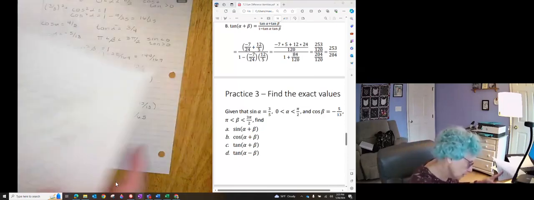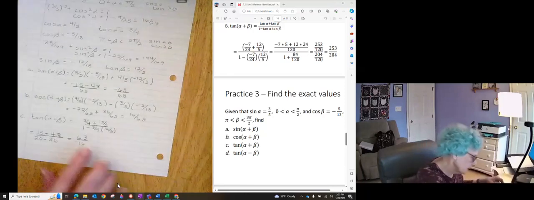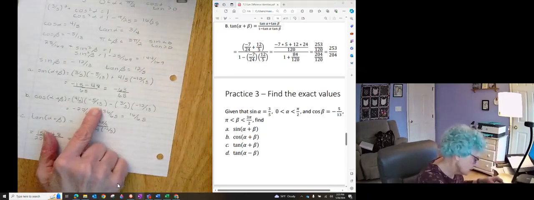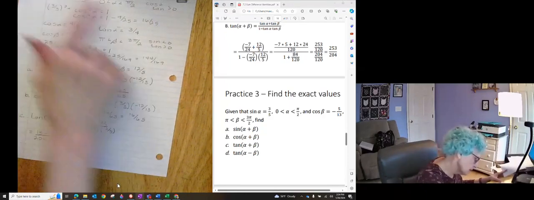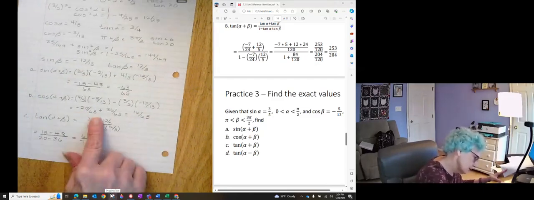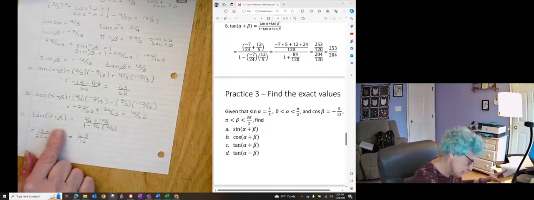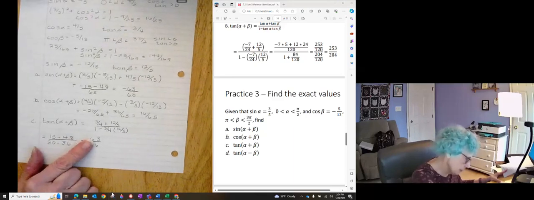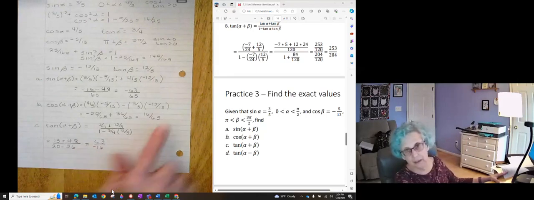Cosine of alpha plus beta, again, it is cosine, cosine minus sine, sine. So cosine, cosine minus sine, sine, negative 13 over 12. So again, arithmetic. Then I did tangent of alpha plus beta, and I was silly.